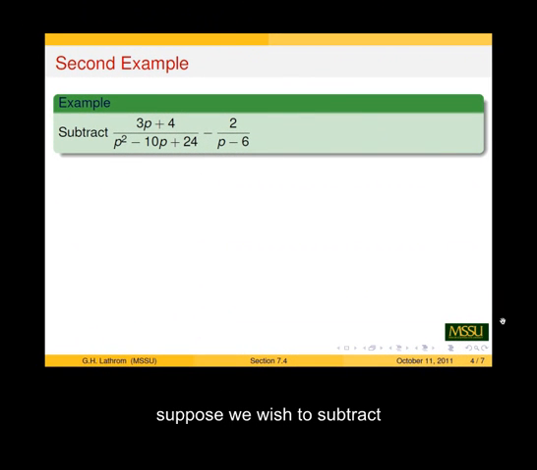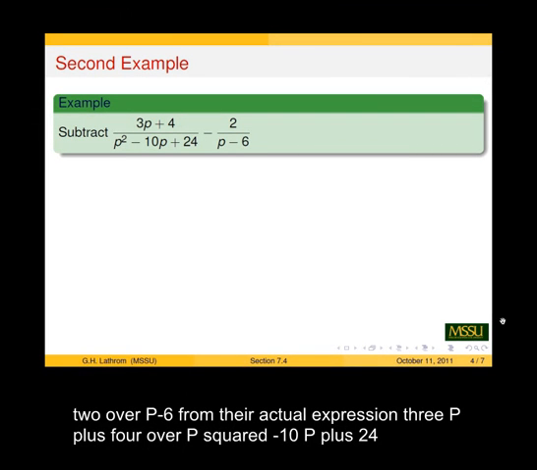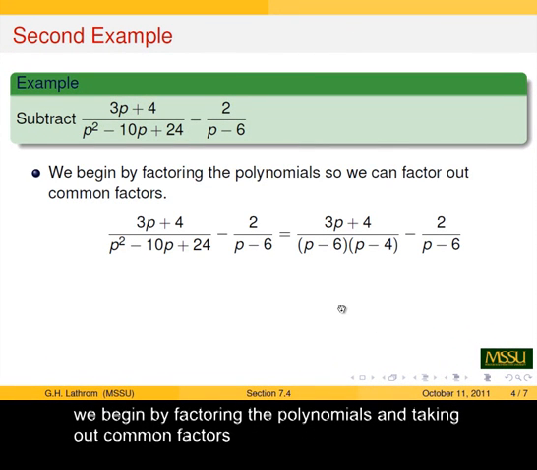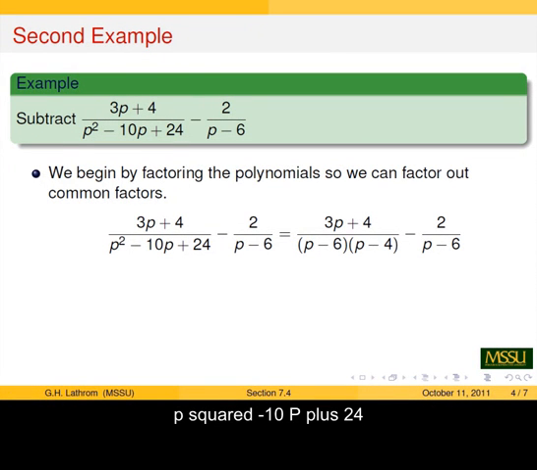Suppose we wish to subtract 2 over p minus 6 from the rational expression 3p plus 4 over p squared minus 10p plus 24. We begin by factoring the polynomials that we can, and factoring out common factors. P squared minus 10p plus 24 factors as p minus 6 times p minus 4.